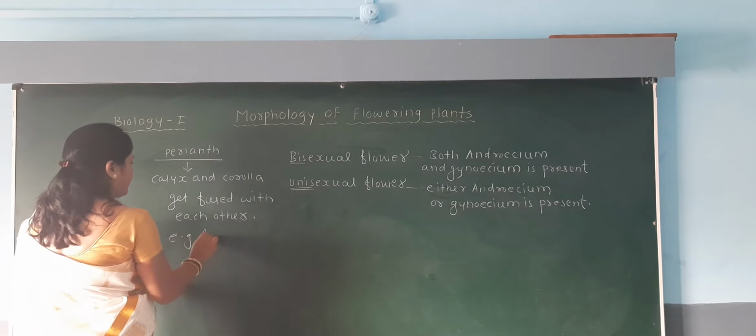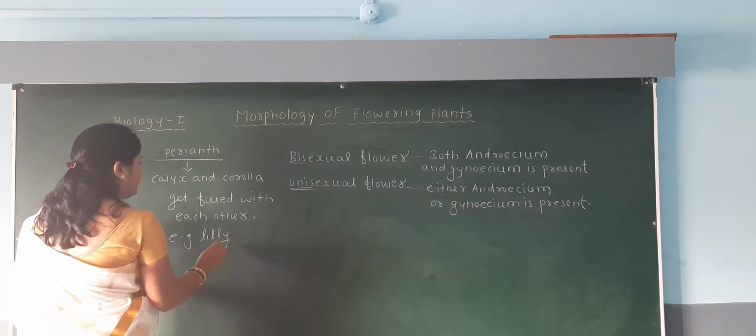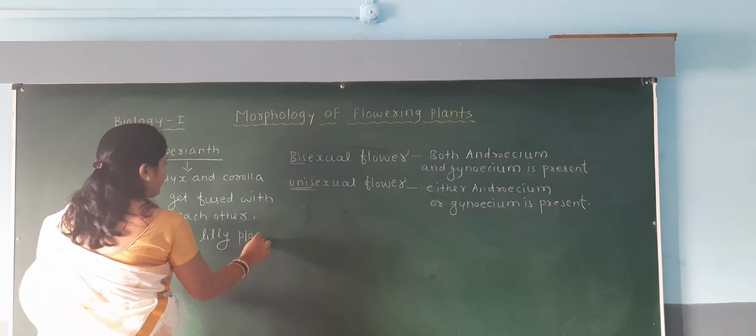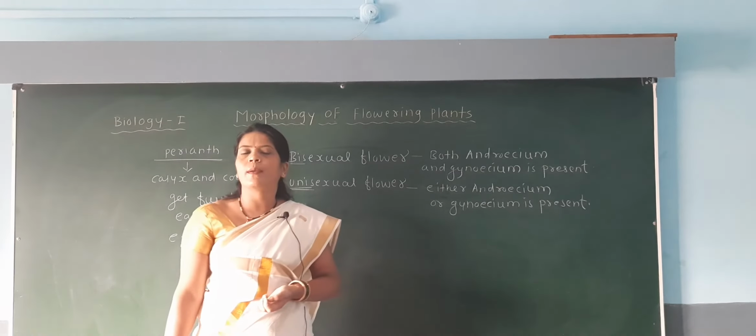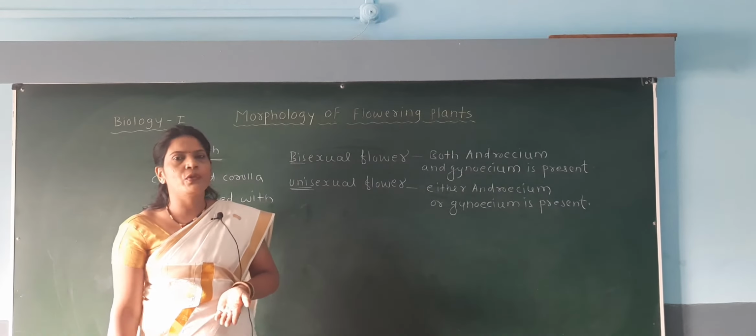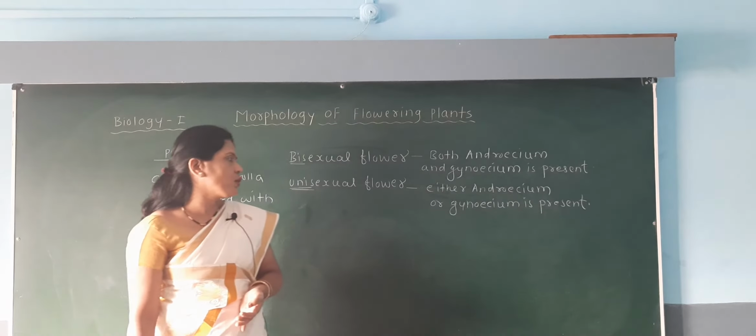Example: you will observe it in the lily plant. Okay, so these things are very important. You have to remember the terms perianth, bisexual and unisexual.